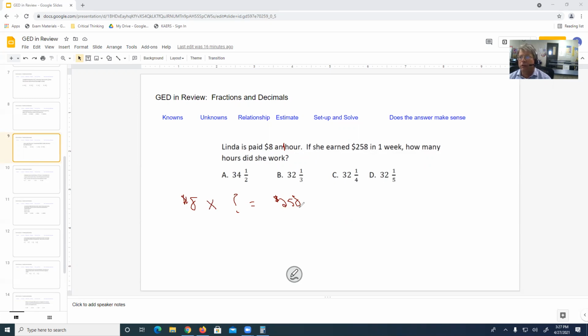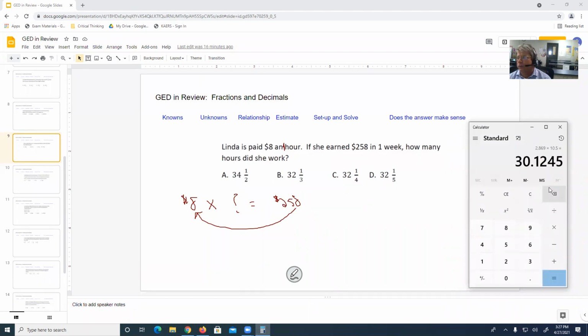Those answers all kind of look close together. So what I could do is try these one at a time. But what I can also do is go backwards and use division instead. So instead of using multiplication, I can do the problem by reversing it and using division as my tool.